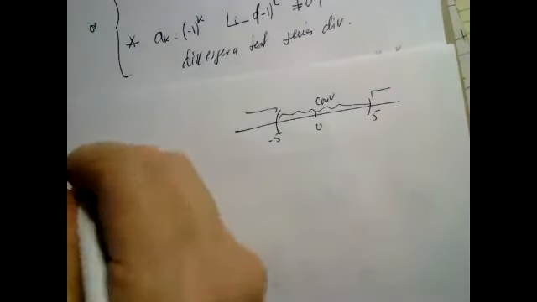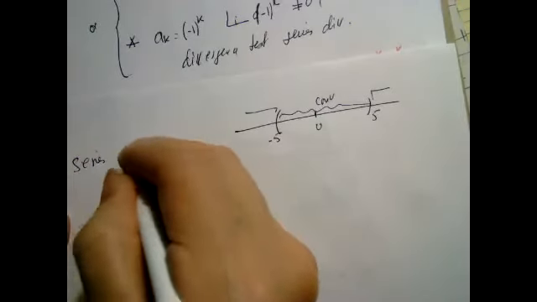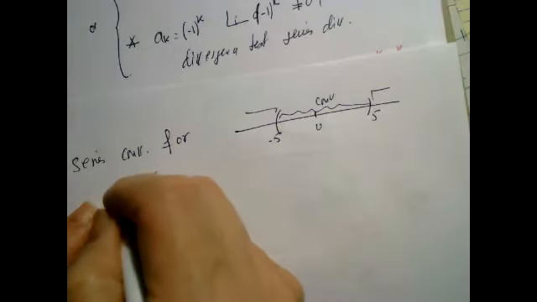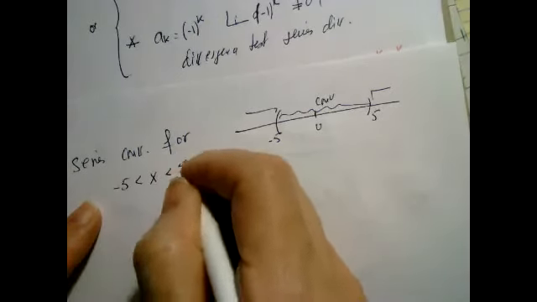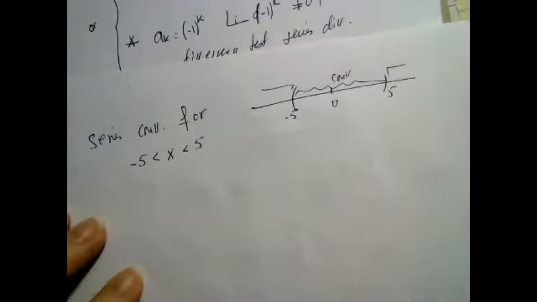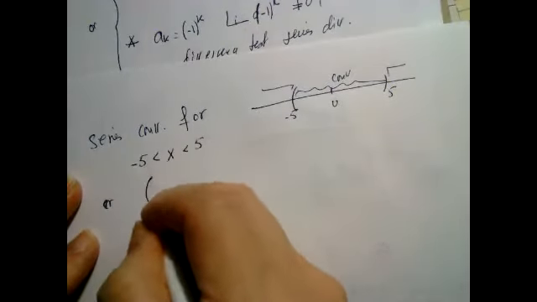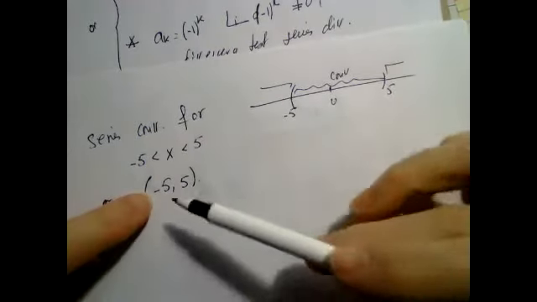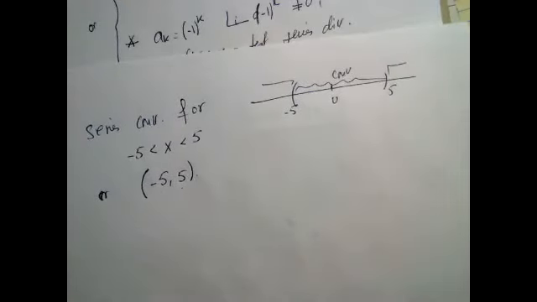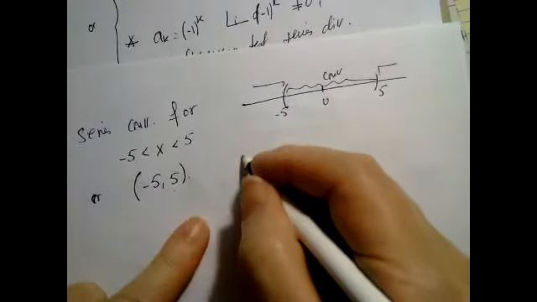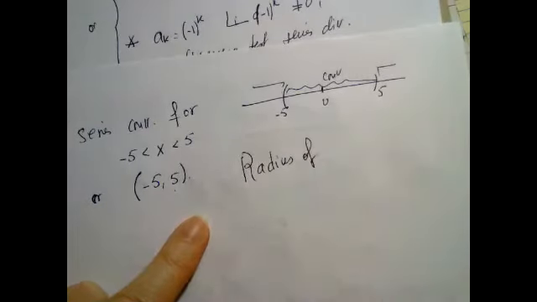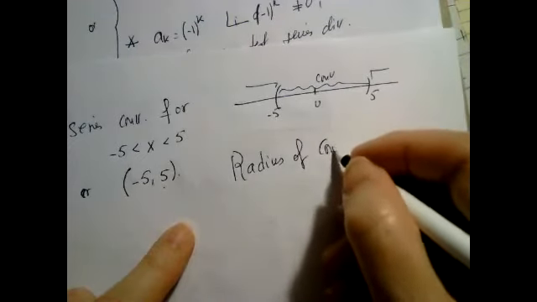So the series converges for x between -5 and 5, not included, or on the open interval (-5, 5). If I pick any value of x between those numbers, the series will converge. Okay. Now, a word on something called radius of convergence, because I'm sure some of the problems will ask you about the radius of convergence.